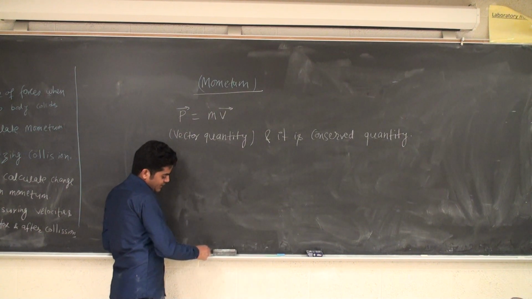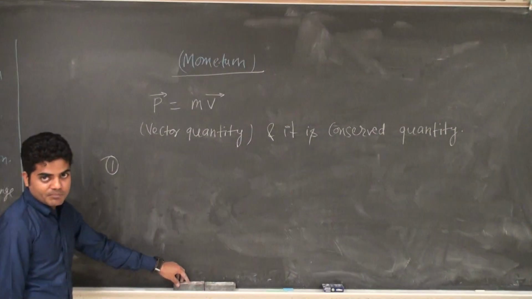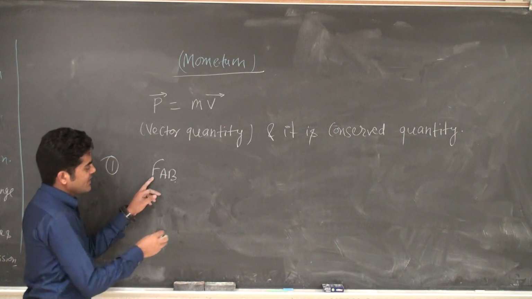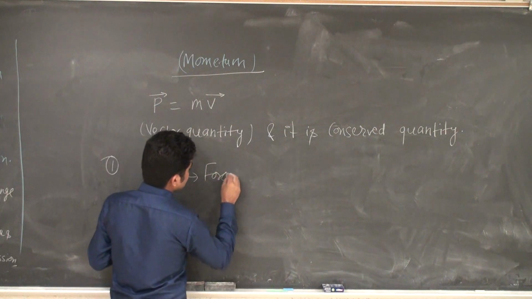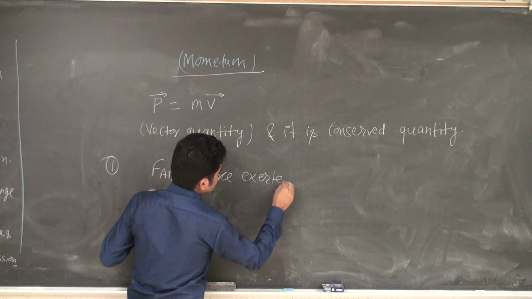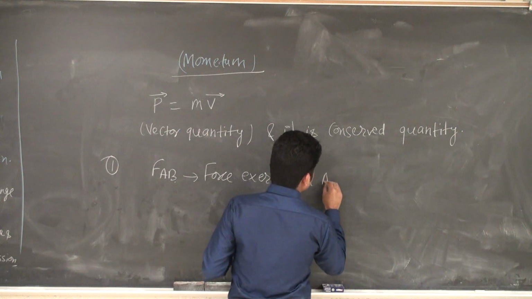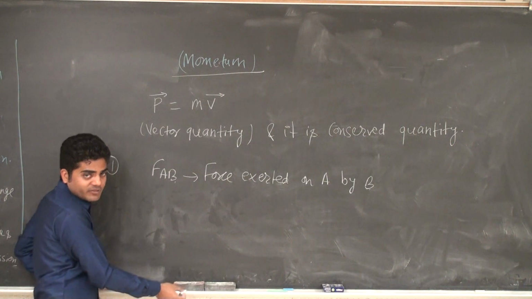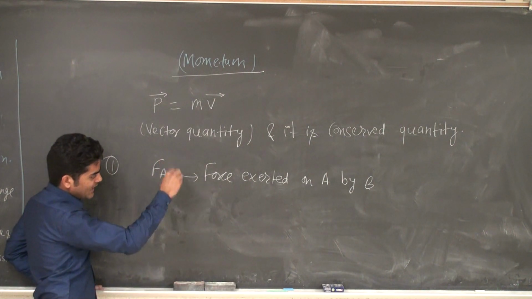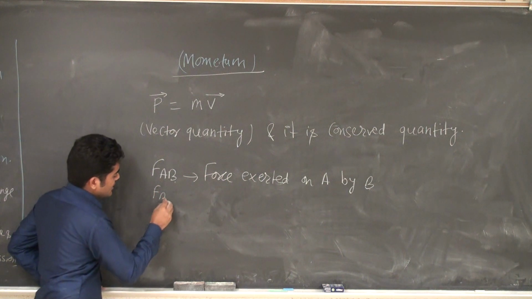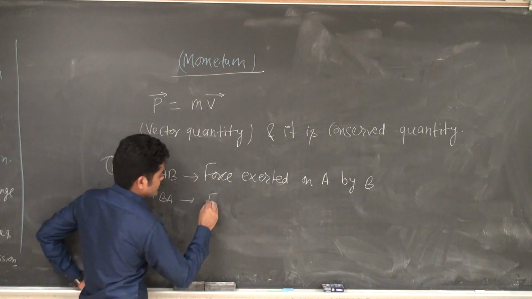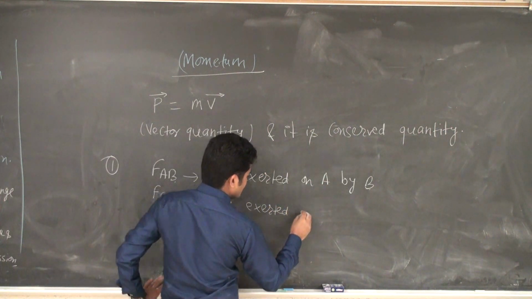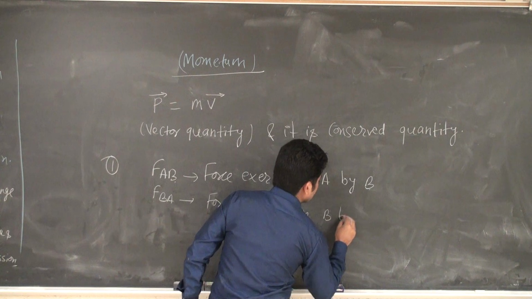When they collide, let's say this is FAB, the force on A by B. There are two kinds of forces: one is the force exerted on A by B, and another is the force exerted on B by A.